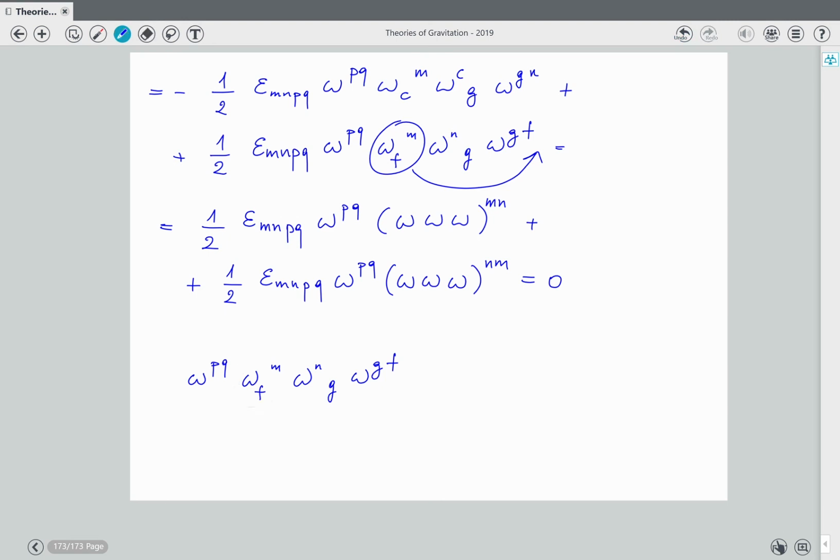So if we take this and move it to the right hand side, we have NGGFFM, and that is equal to omega, omega, omega, NM.